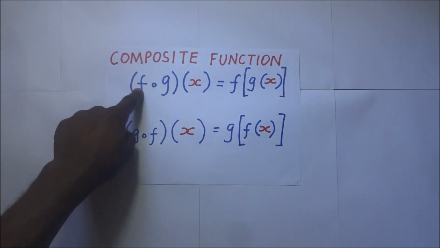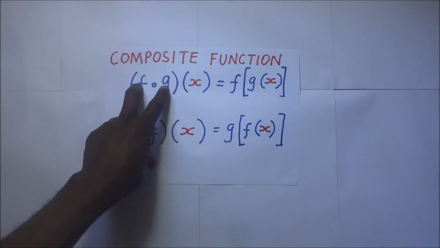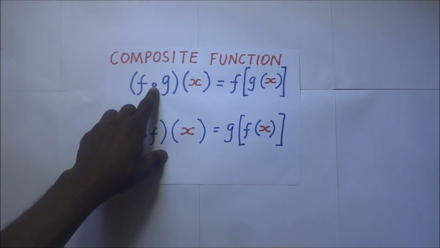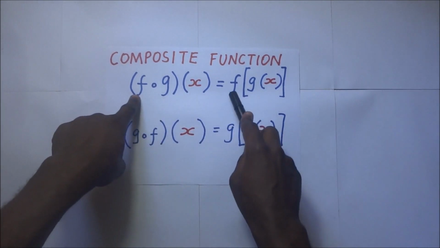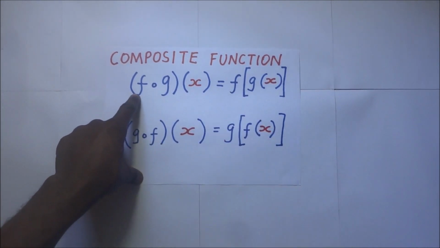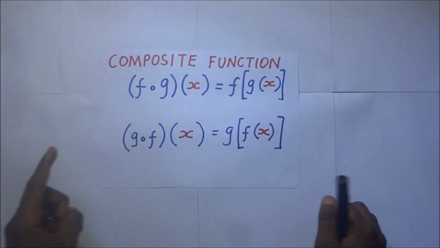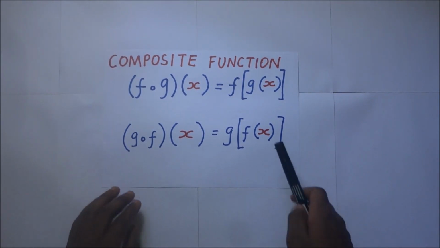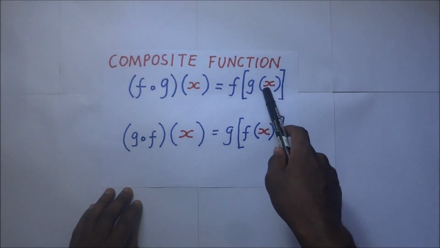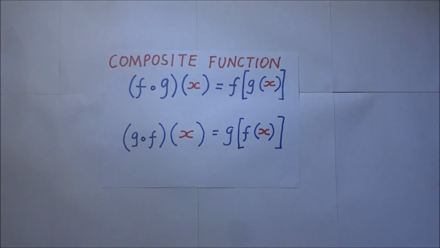The function f, being a composite of function g, or f small round circle g of x, where x is the input, is the same as saying f, where the input is another function. In simple terms, a composite function is a function of a function, or a situation whereby you have a function that is acting as an input in another function.